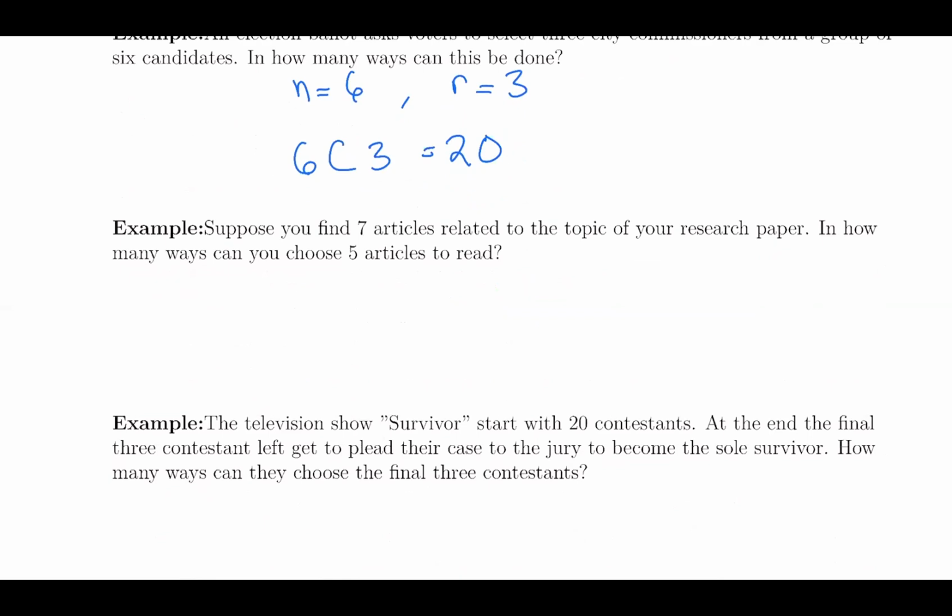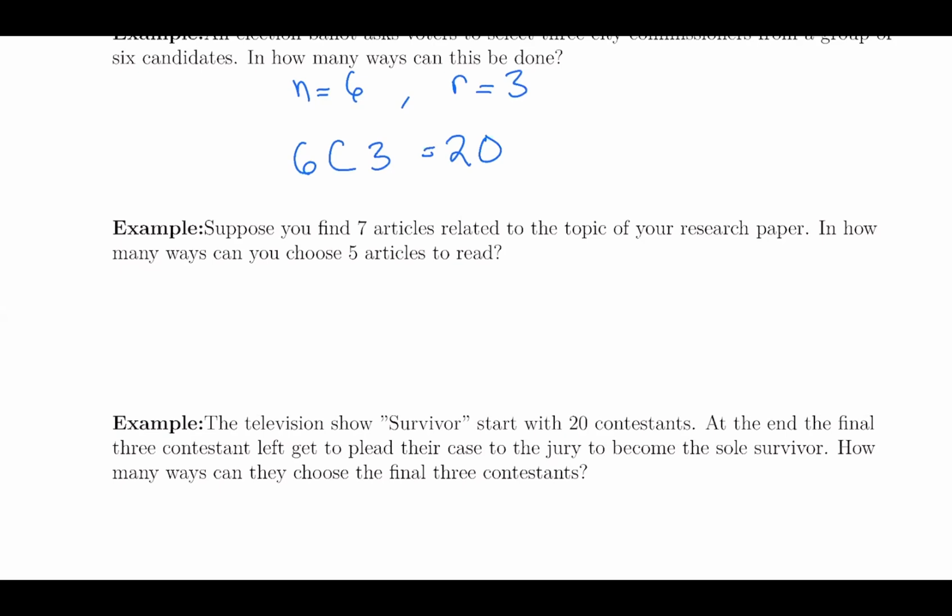All right, so for this one, it says, suppose you find 7 articles related to the topic of your research paper. In how many ways can you choose 5 articles to read? For the 7 articles, do you think all 7 are the same, or relatively different? Cool.